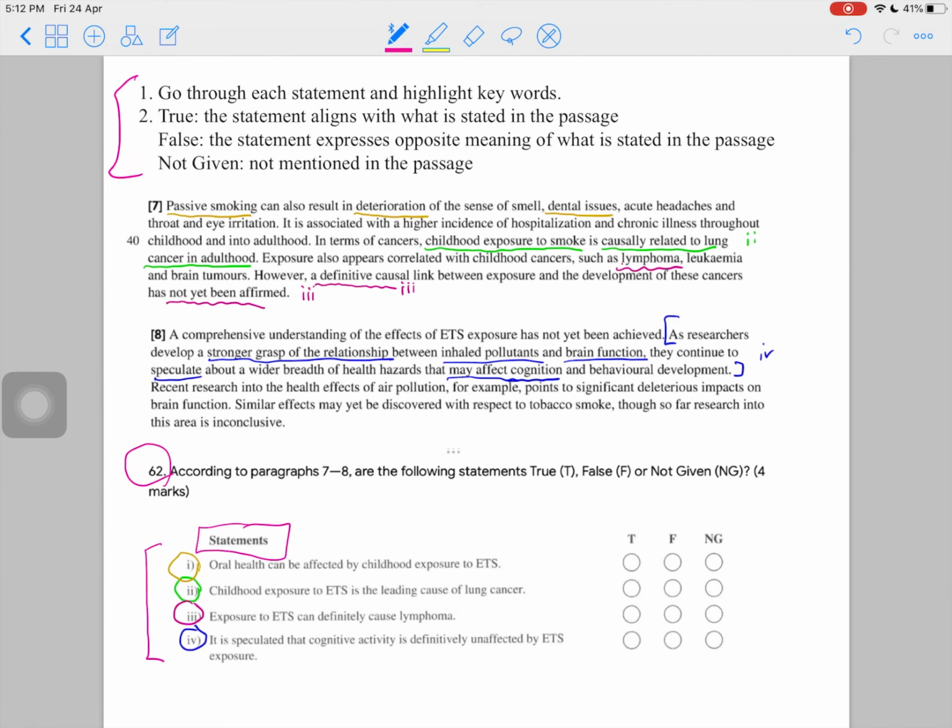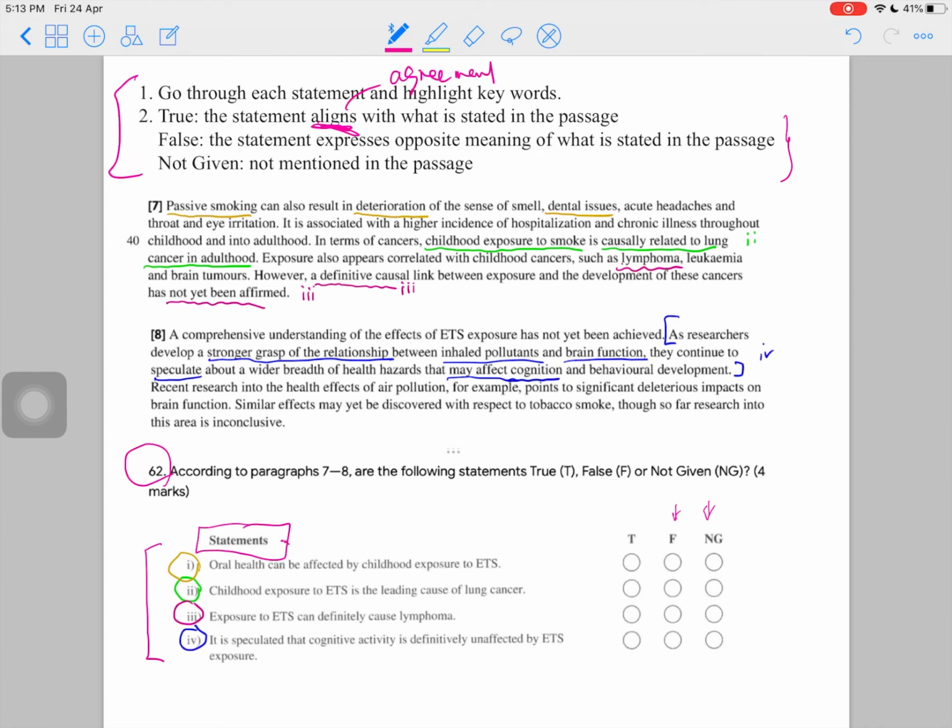A lot of students find it a bit difficult to know what is false and what is not given. I've written here, it might help you a bit. True is easy: whatever is stated in the statement actually aligns with what is stated in the passage. So there's agreement here.